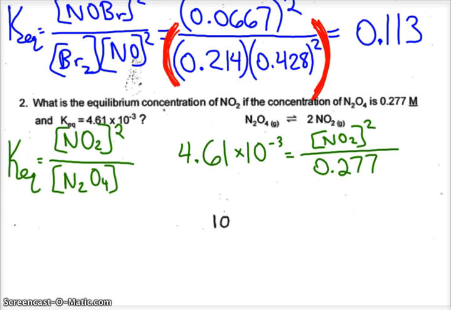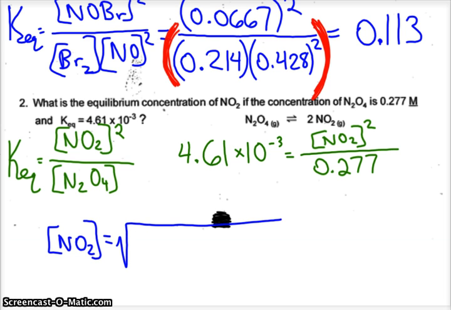So then we solve for that concentration, and just like we did before, you can solve for it algebraically first and then plug in your values, or you can just plug in your values. So in this case, the concentration of NO2 is equal to the square root of 4.61 times 10 to the negative third times 0.277.